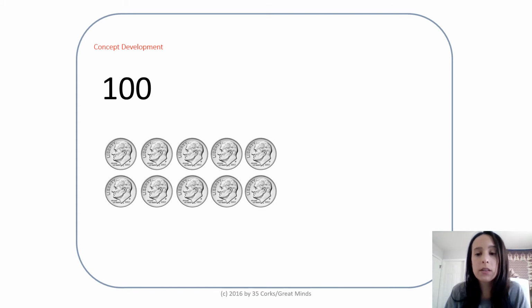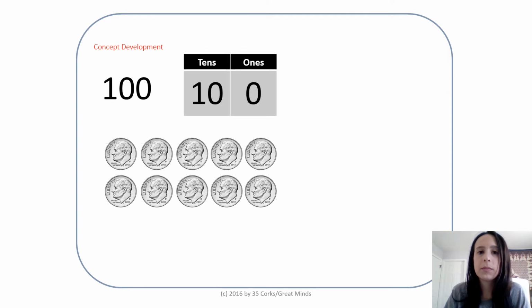How many tens do you have? 10 tens. Do we have any ones? No, so we didn't need additional pennies. 10 tens, 0 ones is 100. I want to add one more dime.